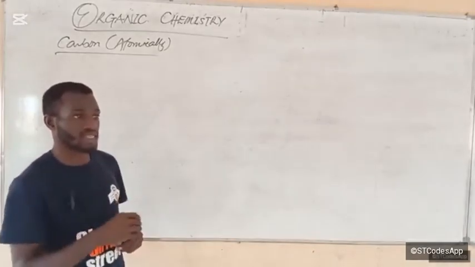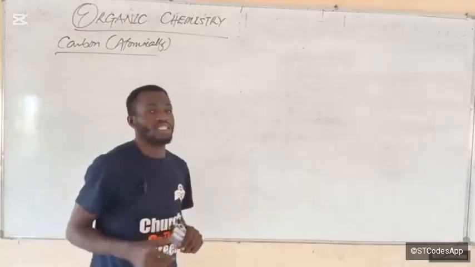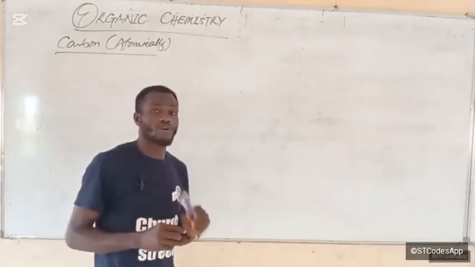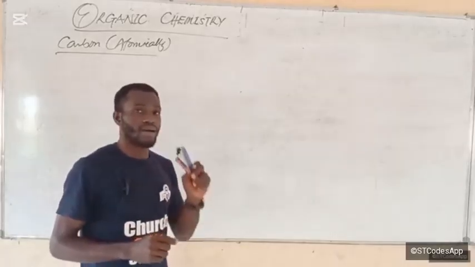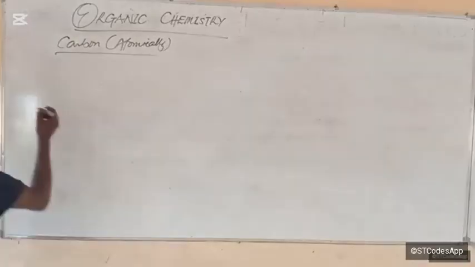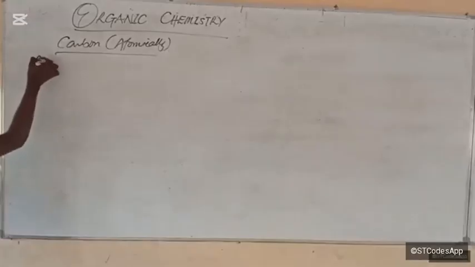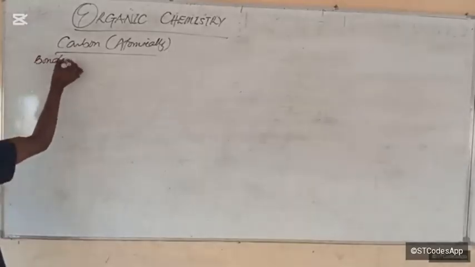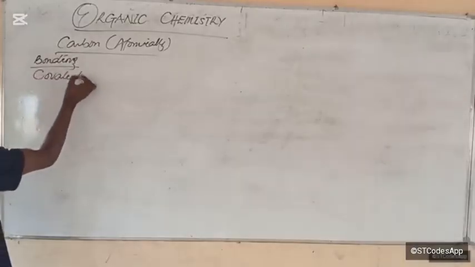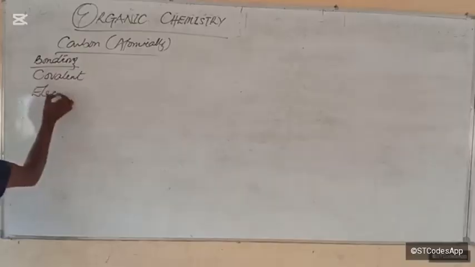Now, in this case, organic compounds are formed mostly by covalent bonding. Okay, so there are two types of bonding. We have the covalent bond and the electrovalent or ionic bond.